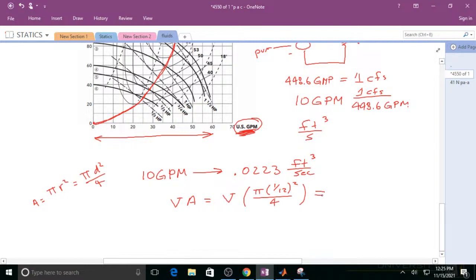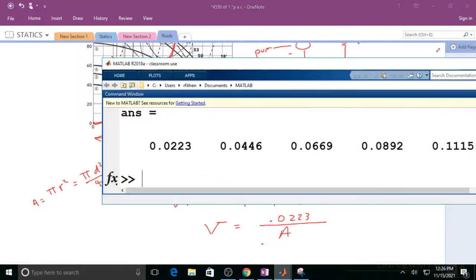And that would be related to the 0.0223. So I can get the velocity in the pipe, 0.0223 divided by this area. So it turns out the area is the same all the time. So the area is equal to pi times 1 divided by 12.